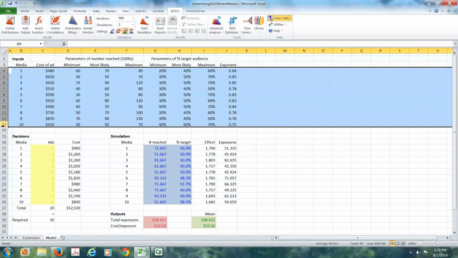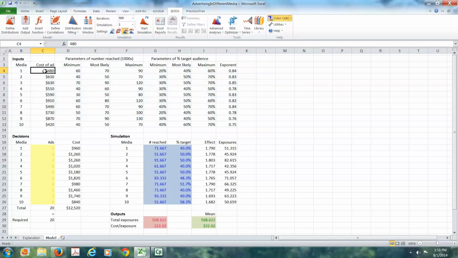These could be magazines, websites, or any other kind of media that you can imagine, and each one of them has a different cost. Now, what's uncertain, what we don't know for sure, is how many people our ad will reach. And so you see for Media 1 here, we are estimating non-parametrically how many people we will reach, between 60 and 90, most likely 70 people.